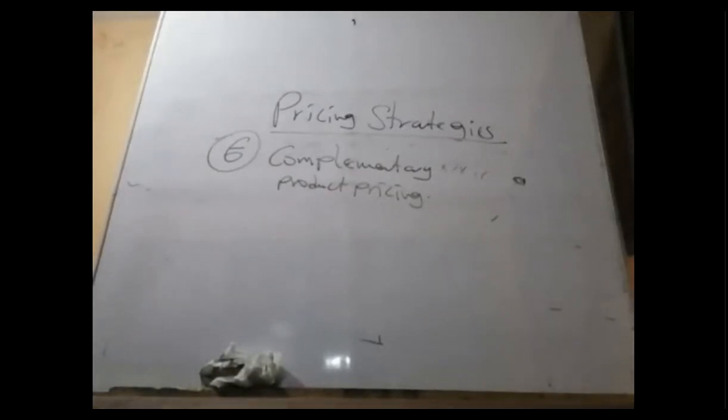Now, some of the products are used together. They are connected. For instance, you need something, but that item is part of a particular product. When you go, they will not sell that single product to you. They are complementary. They must be used together.